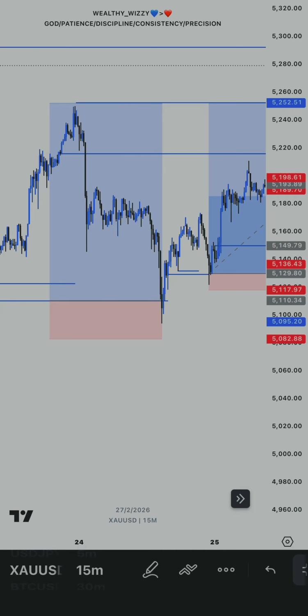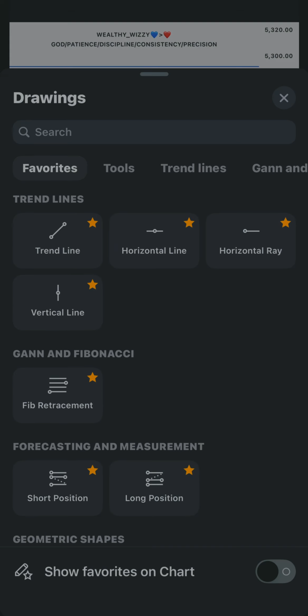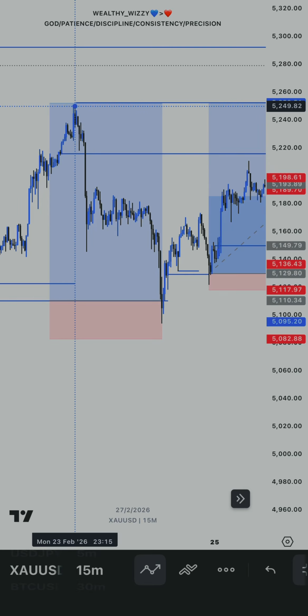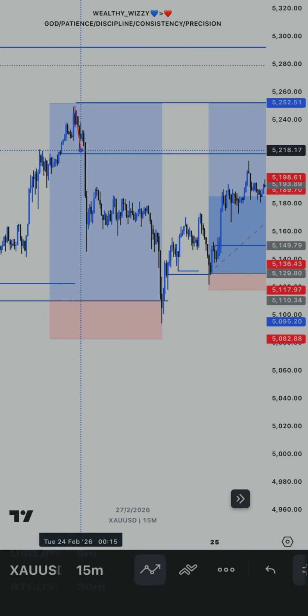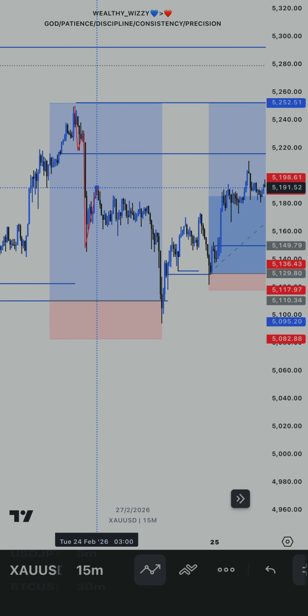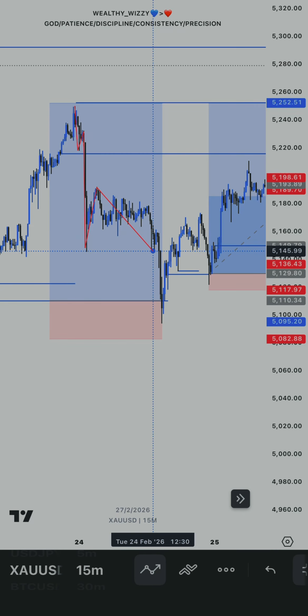So now price was selling down, giving us a series of, this is a high, this is a low, and this is a lower high, lower low, lower high, lower low, lower high, lower low.